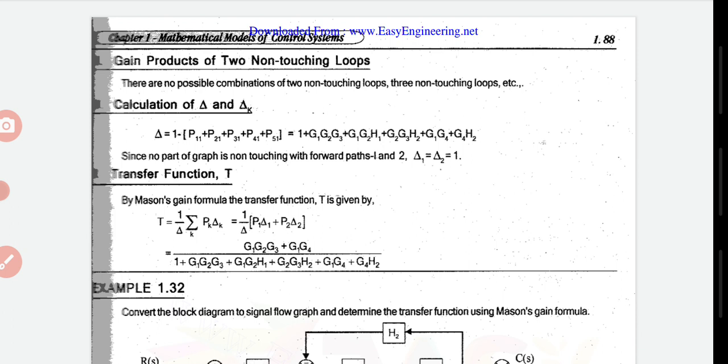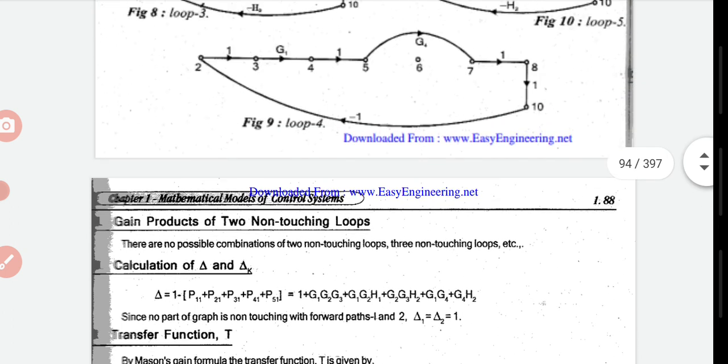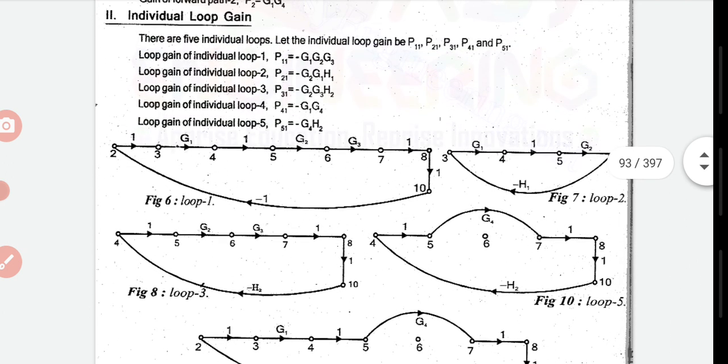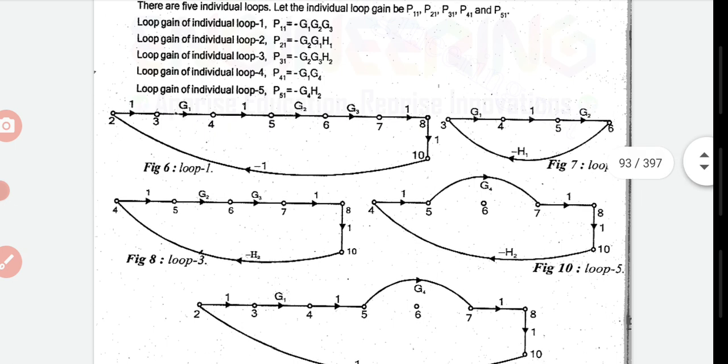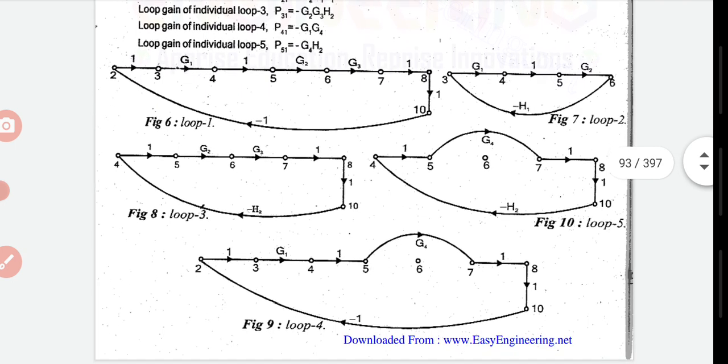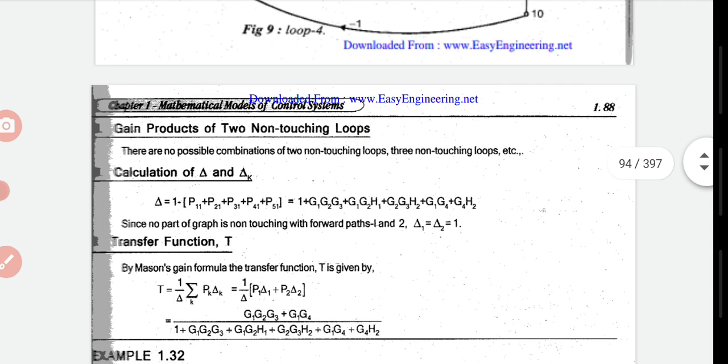The gain values are minus G1, G2, G3, G2, G1, H1, G2, G3, H2, G1, G4, G4, H2. So that is nothing but 1 plus G1, G2, G3 plus G1, G2, H1 plus G2, G3, H2 plus G1, G4 plus G4, H2.